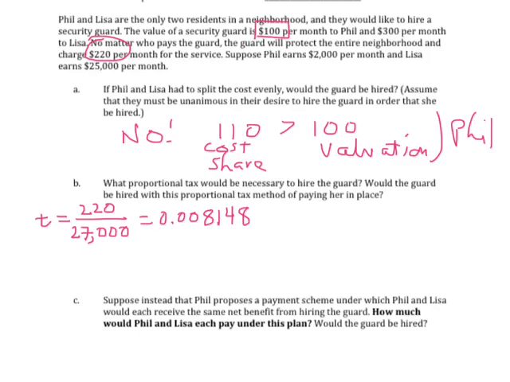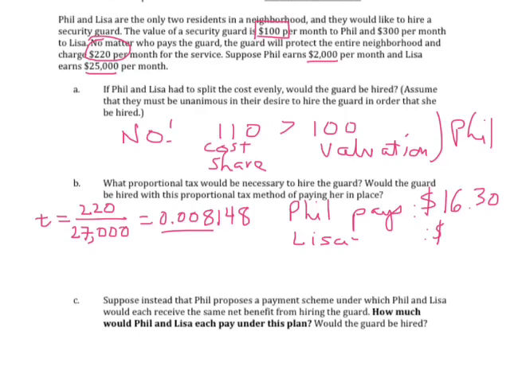We multiply that. It's a 0.81% tax, and we multiply this number by each person's income to find each person's payment. So Phil would pay $16.30, and Lisa would pay, and this is just plugging it into my calculator, she pays $203.70.